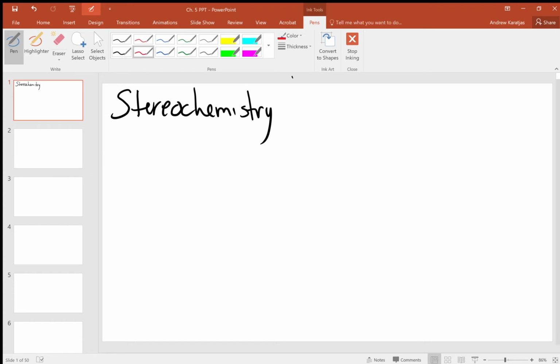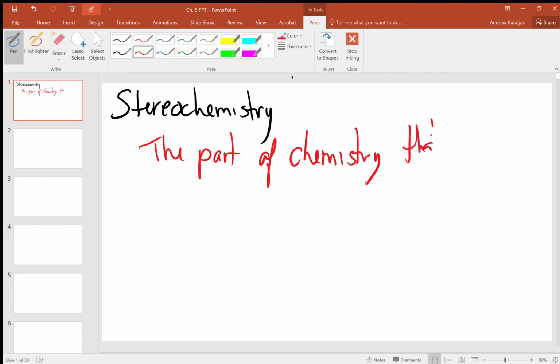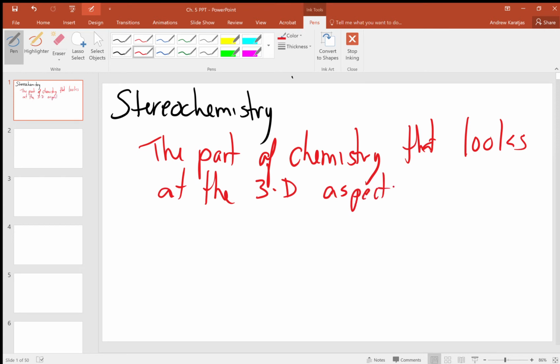So stereochemistry is the part of chemistry that looks at the 3D aspects of molecules.